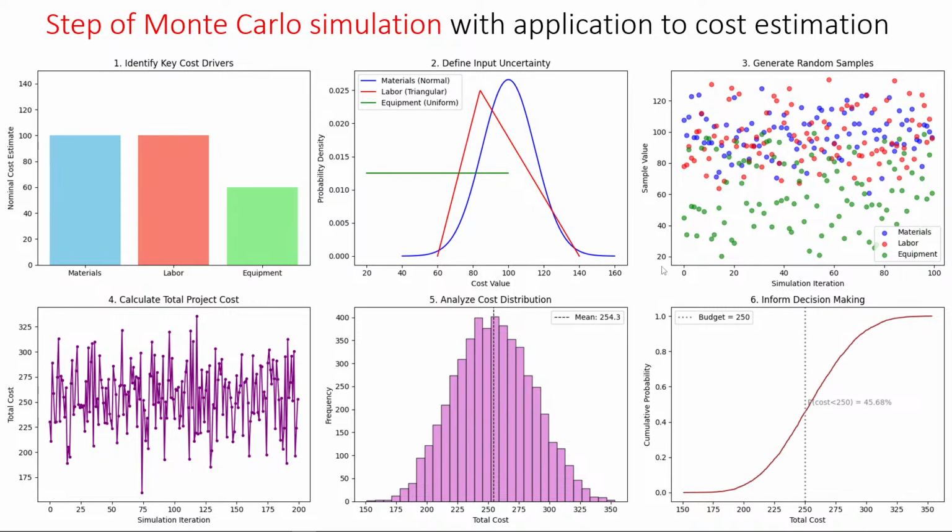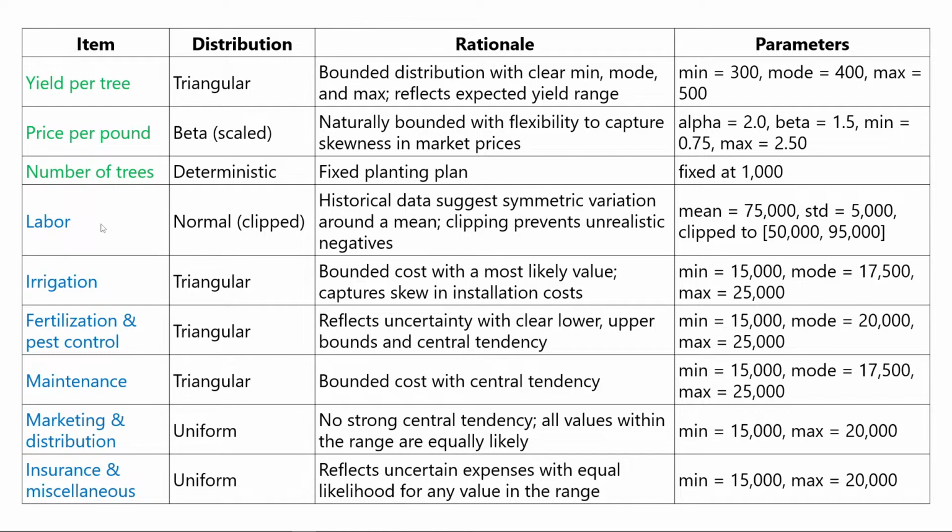Okay, so here this is the table that I will use to make my Python code or my Excel sheet when I use the software. So for yield per tree, I use the triangular distribution. A bounded distribution with clear mean, mode, and maximum reflects the expected yield range. So here, this is my expected yield range.